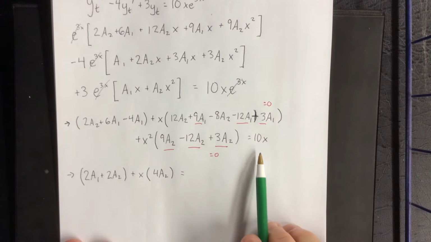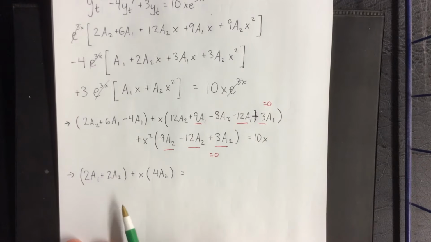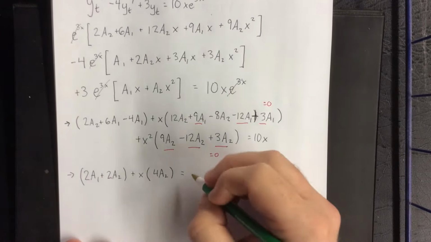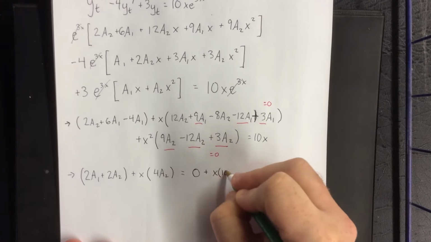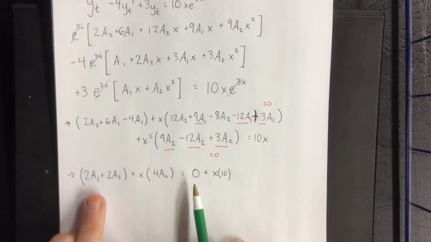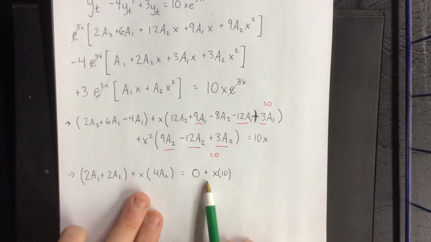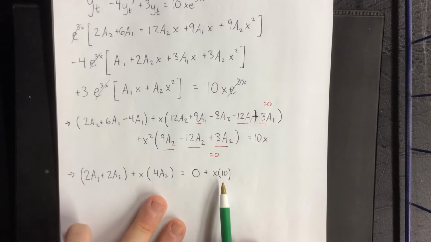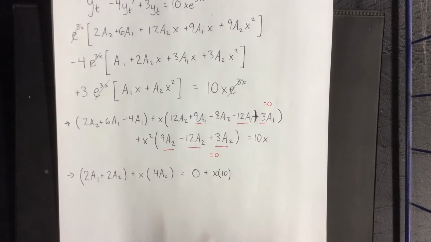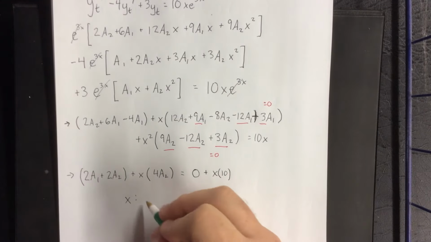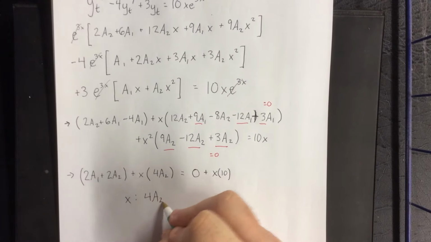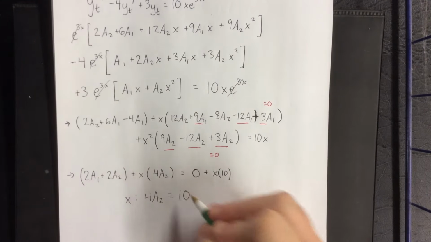But I'm going to rewrite this in a slightly different fashion. Over here, this is a constant term plus x times a coefficient. I'm going to write the right-hand side exactly the same way. Constant term plus x times a coefficient. What this allows you to do is set up a system of equations. For the coefficients of x, this tells me that the coefficient of 4a2 is equal to the coefficient of 10.